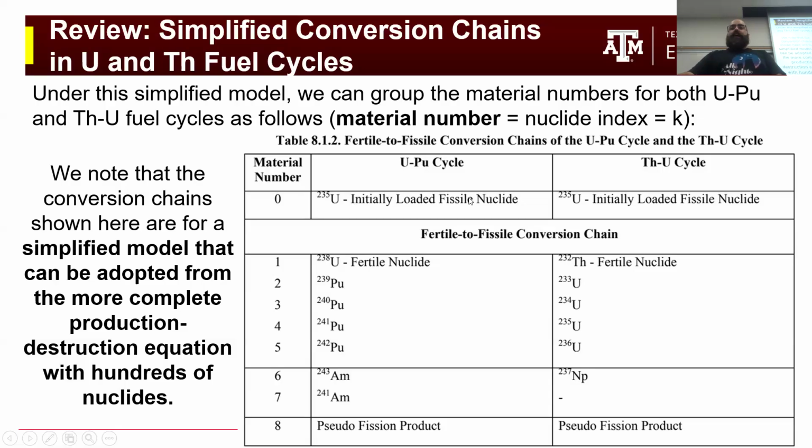So U-235 is your initially loaded fissile nuclide, and your fuel is some combination of U-235 and also U-238. U-238 is the fertile nuclide, which is isotope 1, and these are all of the nuclides that come out of this fertile to fissile conversion chain. 6 and 7 also end up coming out of this process. And then material number 8 is all of our pseudo fission products that we group together.